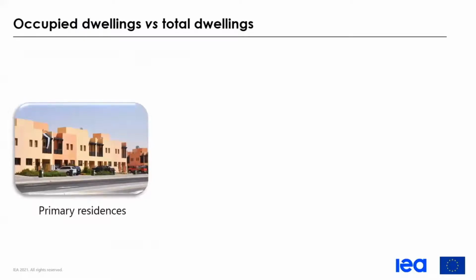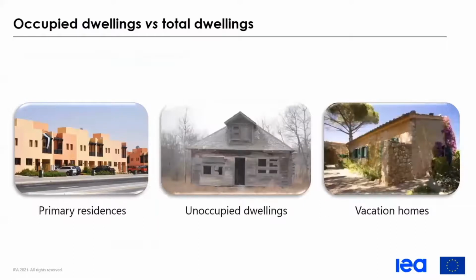For example, if we use total dwellings, we will also account for abandoned dwellings and secondary residences. Therefore, in order to avoid counting in efficiency empty buildings which do not consume, we should exclude vacation homes and unoccupied dwellings. And so this way we keep the same boundaries between the energy consumption and the activity related to this energy consumption.